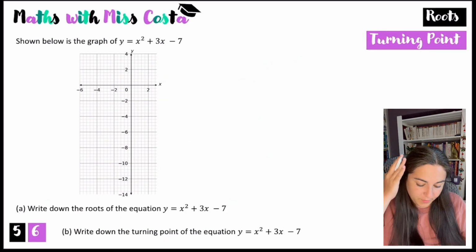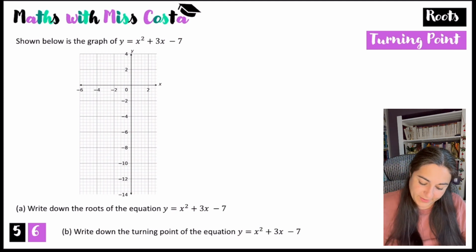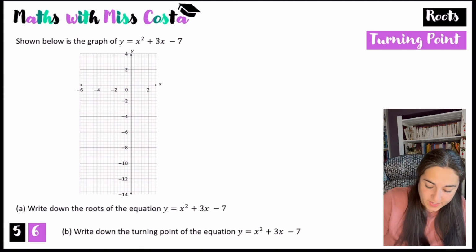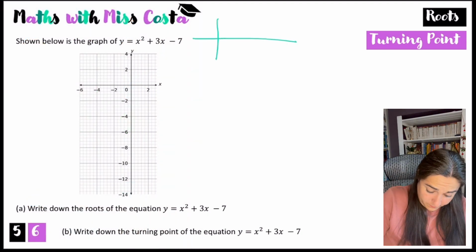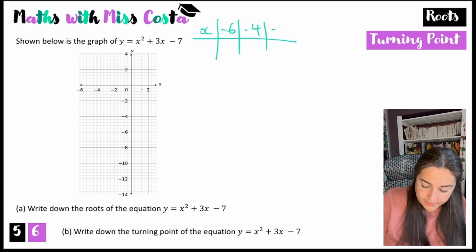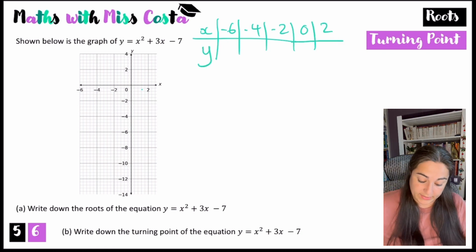Okay, so shown below is the graph of y equals x squared plus 3x take 7. It isn't actually shown. So let's just really quickly work that out. So we've got the x values of -6, -4, -2, 0 and 2. And we don't know what our y coordinates are. We can figure those out.